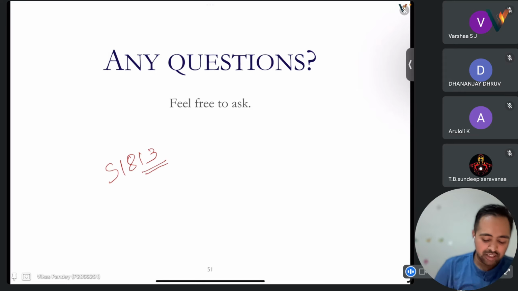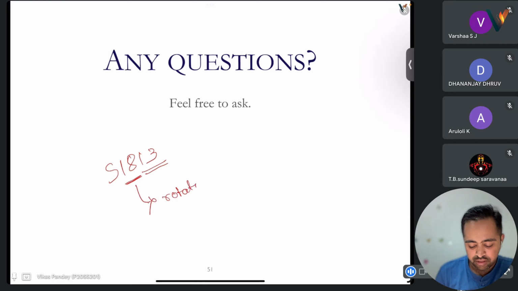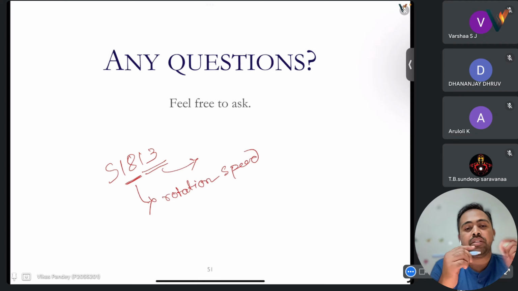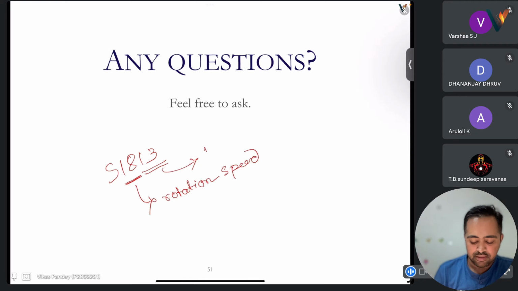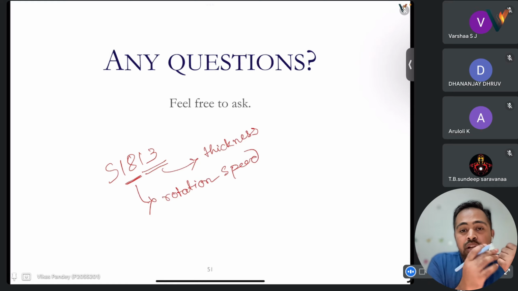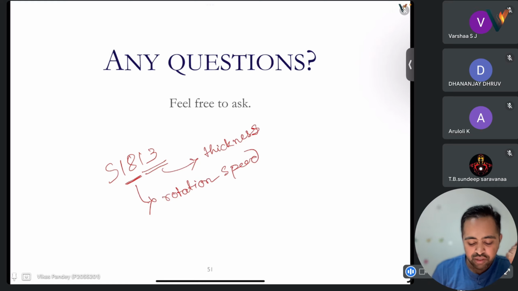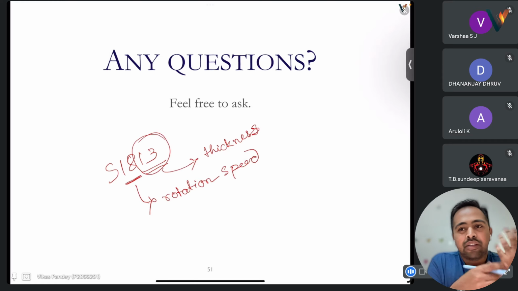This number will generally represent the rotation speed, and this will represent the corresponding thickness. You will have to find the unit of it. I have given the hint.